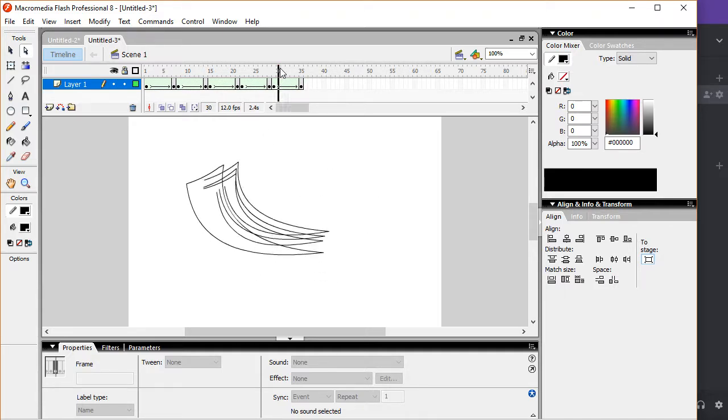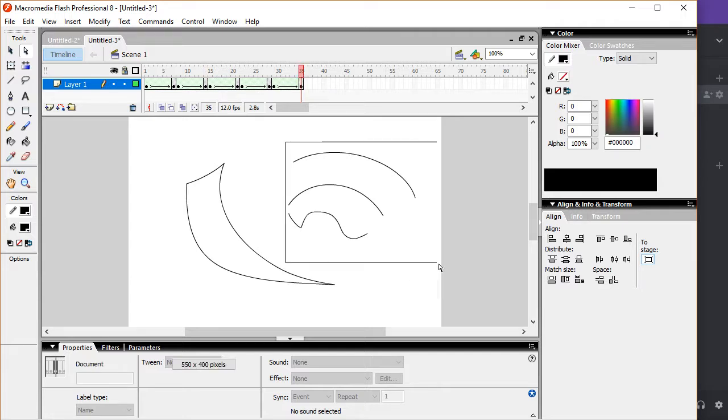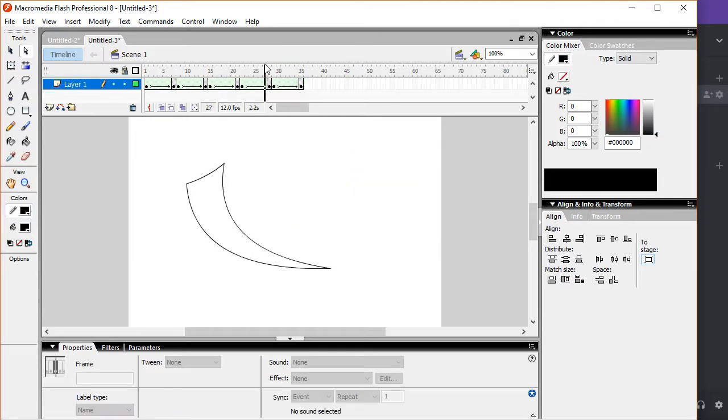Say, let me get rid of this. Say, I have these cubic curves here and these two quadratic curves. These cubic curves here and the quadratic curves here.